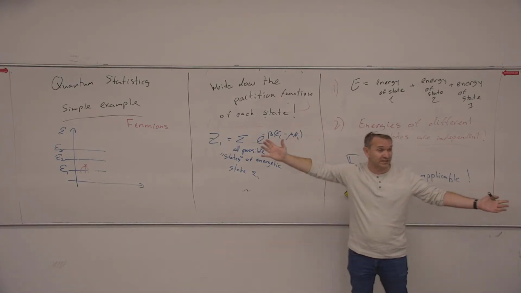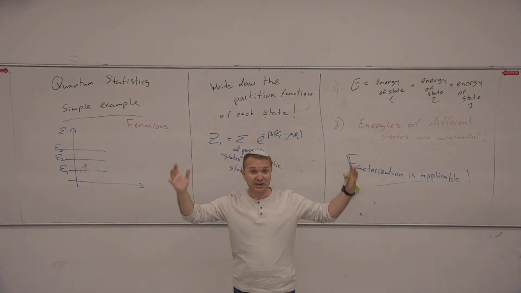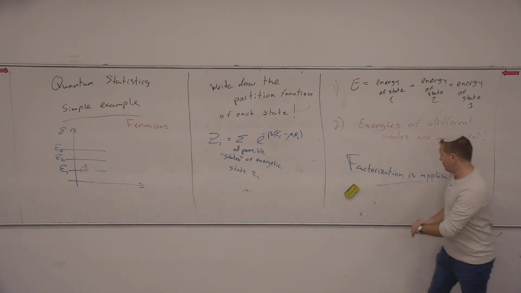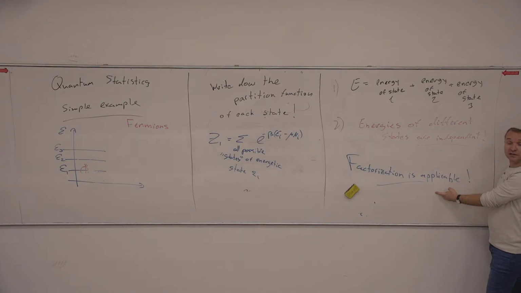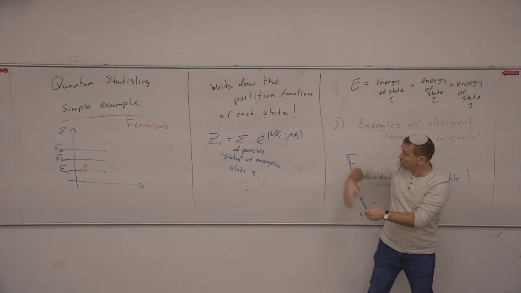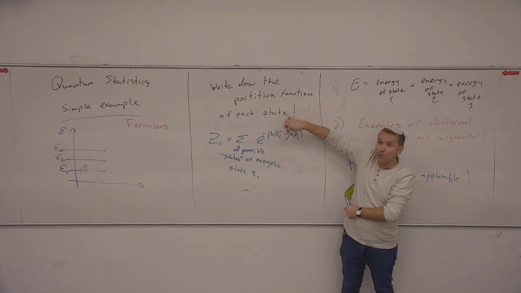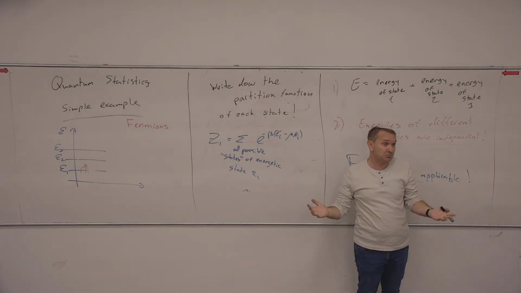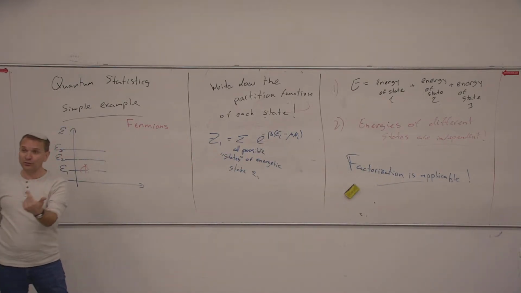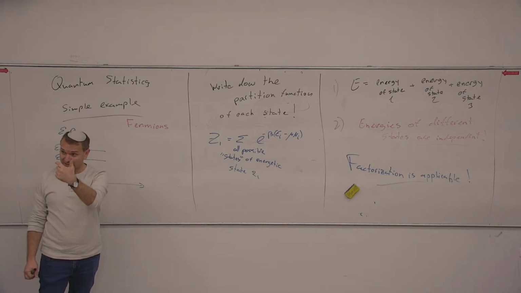Because you know what is the chemical potential, what is the temperature of the system. It's a macroscopical system, so you can define it. The factorization trick is a mathematical trick that tells us you take all this and you factorize, but you still keep the beta and the mu of the macroscopical system. So it's doable.